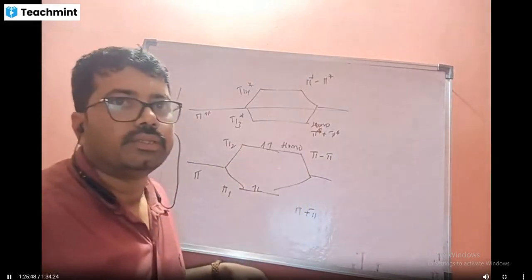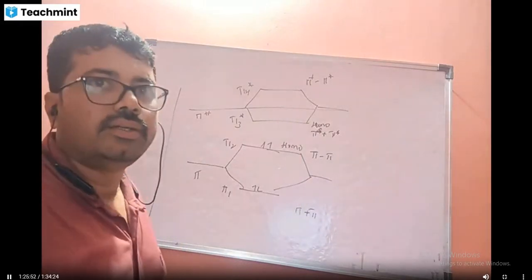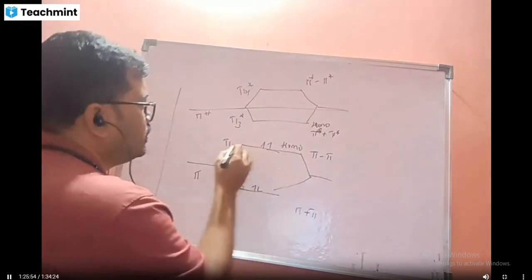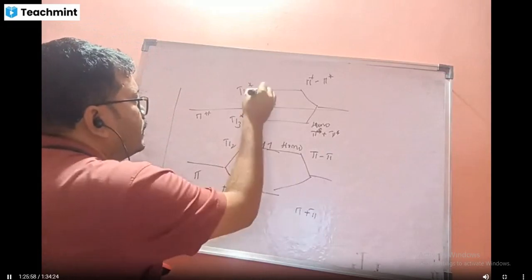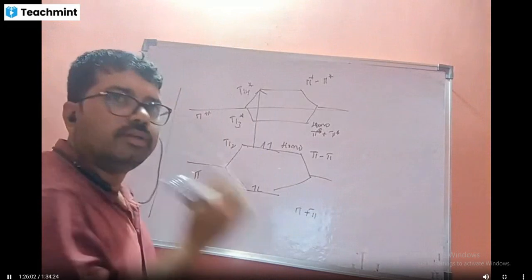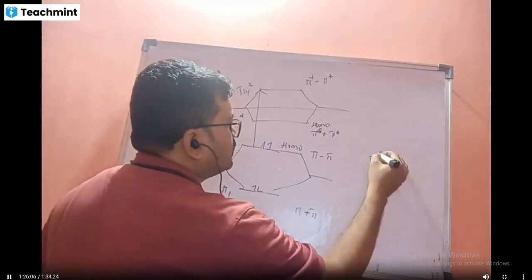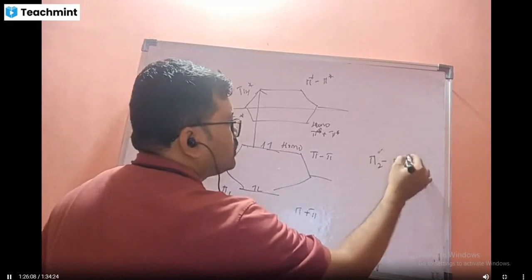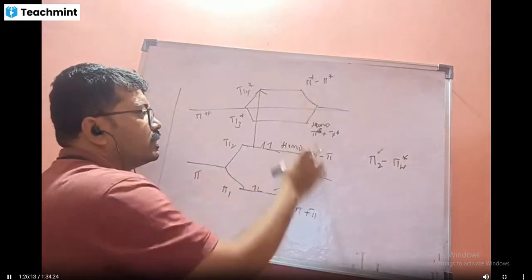Right? So what transitions are possible here? Minus to minus. This is one transition, from pi 2 to pi 4 star. Again, it is minus to minus, the same symmetry transition.